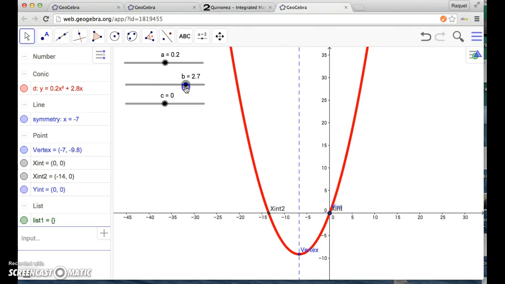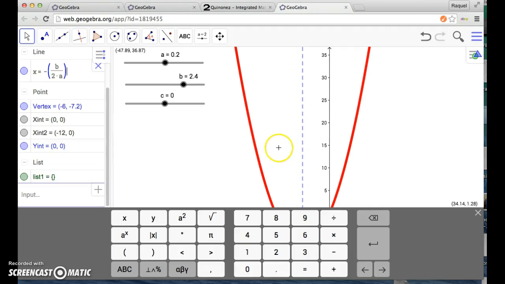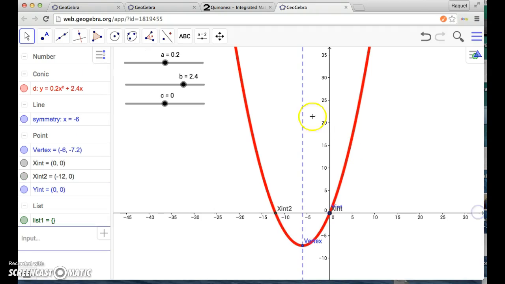Okay. So as you see, this dashed line right here is not really part of the graph, so I made it dashed in light blue, and that's called a symmetry line. Okay, so I can take it off. This is the line of symmetry. It means that this side of the parabola is equal to this side.